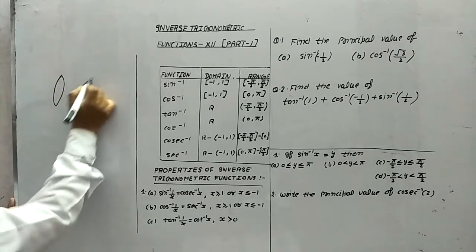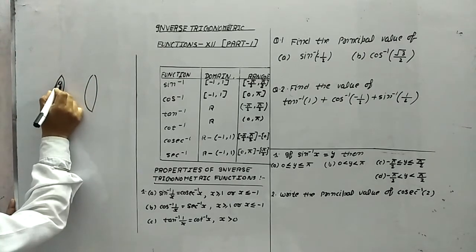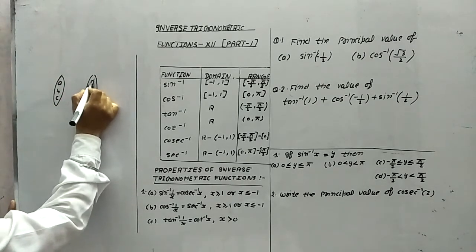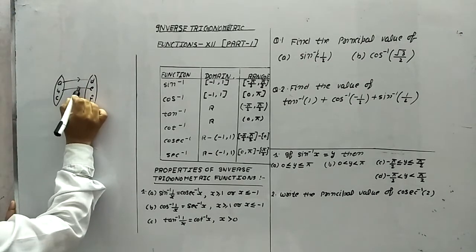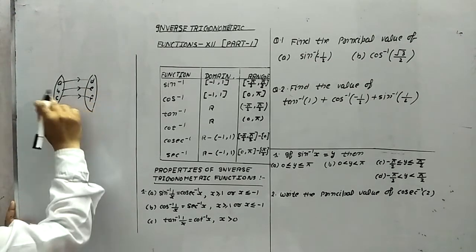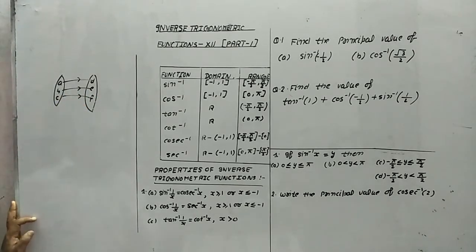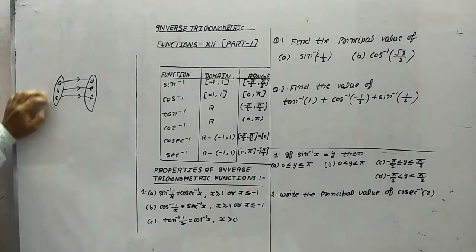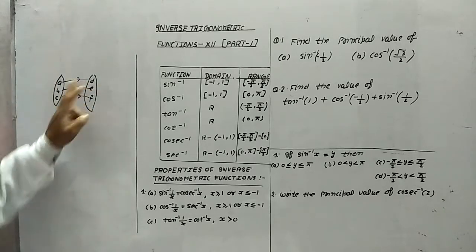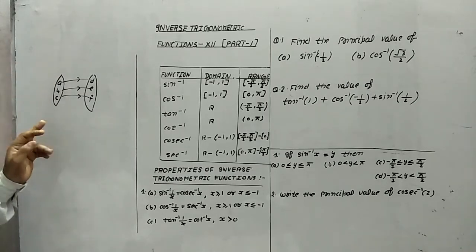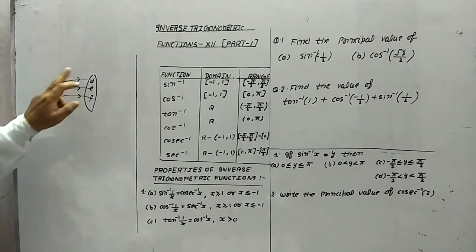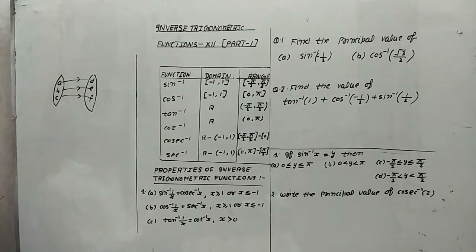I earlier told you if we have a function in such a way that this A is having the image D, B is having the image E, C is having the image F, then on the basis of domain we are observing that this is 1-1, because every element of domain is related to or mapped with one element of the codomain.